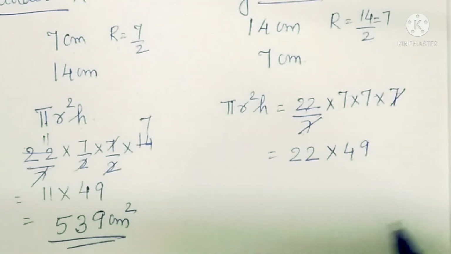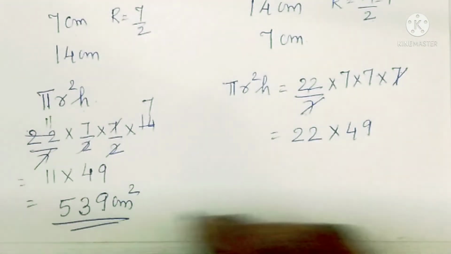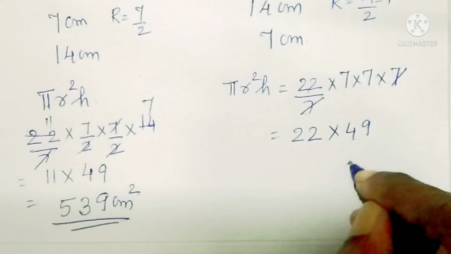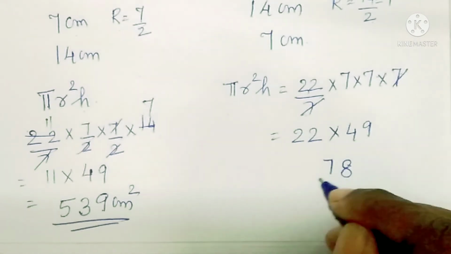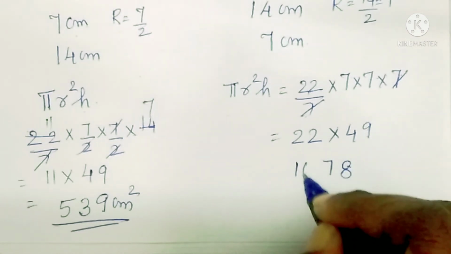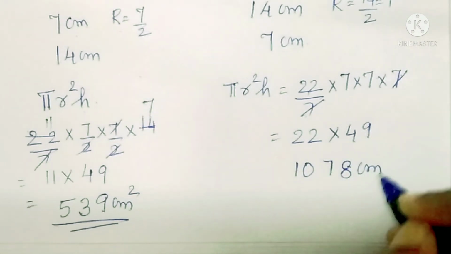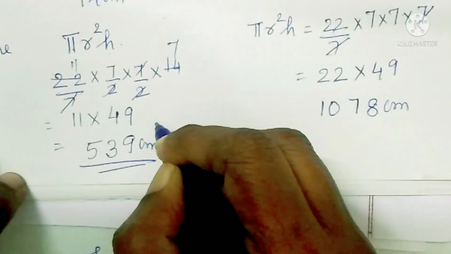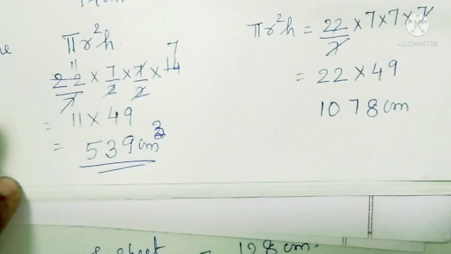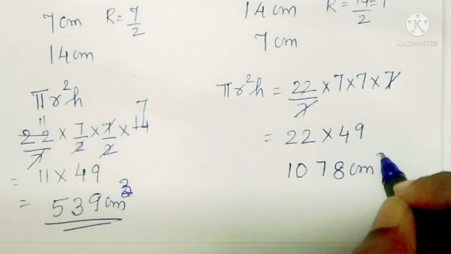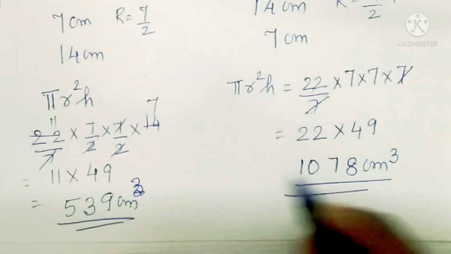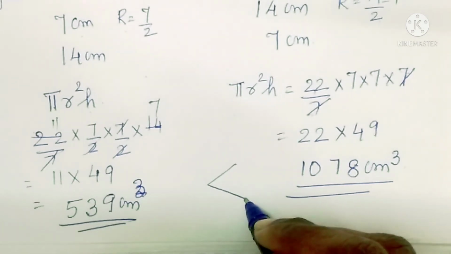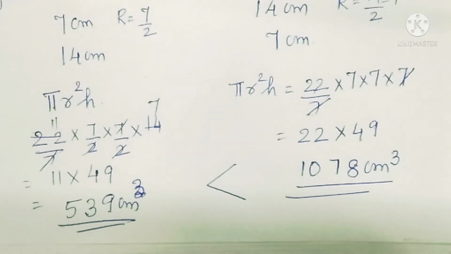Here you got 11 into 49 and here you got 22 into 49, that is double of that. 9 2s are 18, 3 2s are 6 plus 1, 7, 5 2s are 10. So this will be in cubic units; volume will always be in cubical units. Here, which volume is bigger? The cylinder B volume will be bigger.